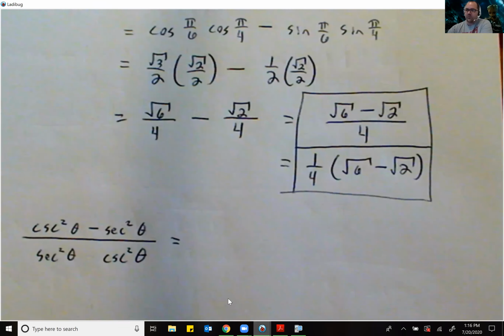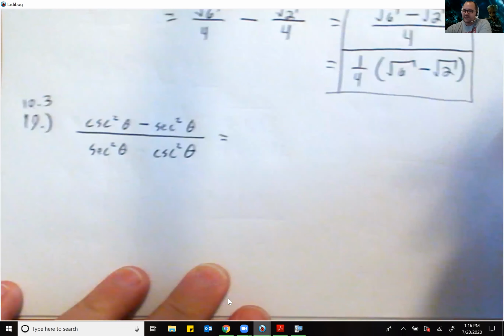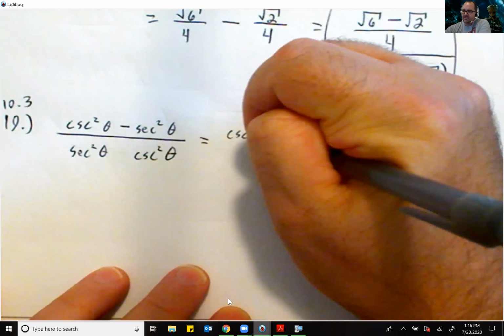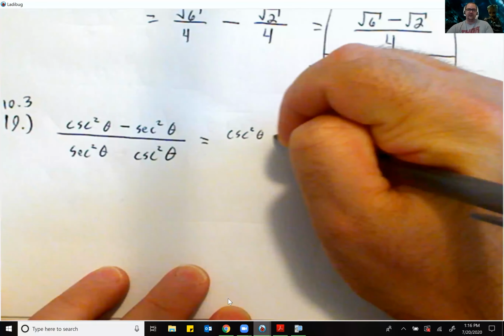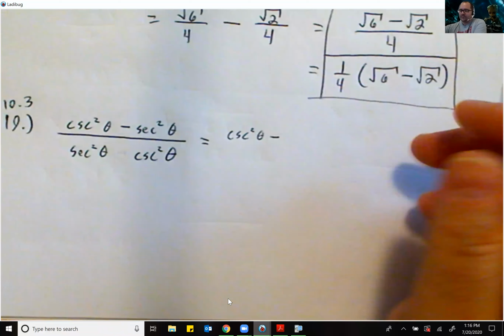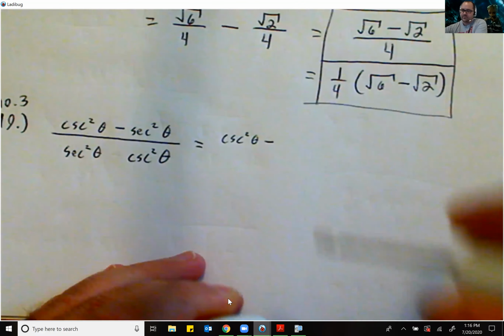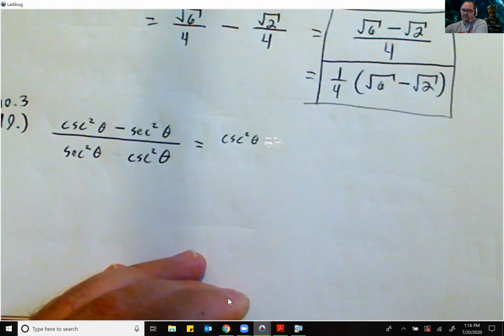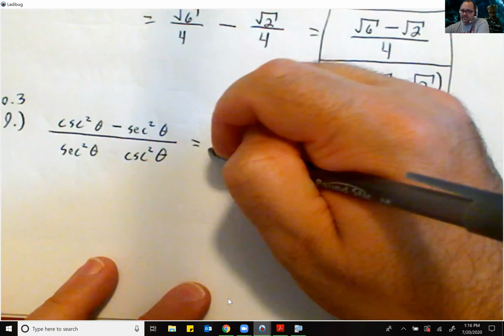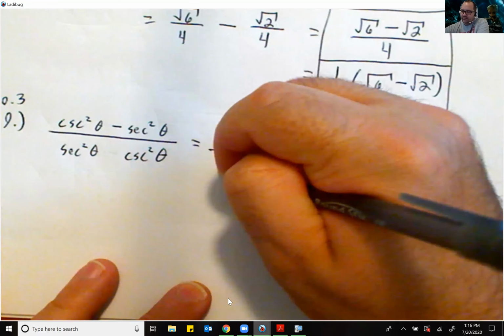So all we're going to do on here is take cosecant squared theta, and we're going to slap that over the denominator. Didn't mean to put that minus sign there yet, which is secant squared theta cosecant.